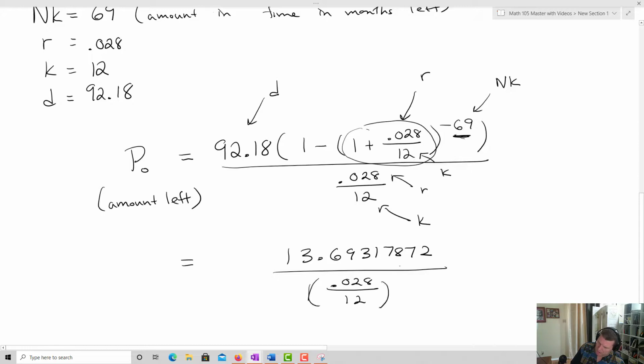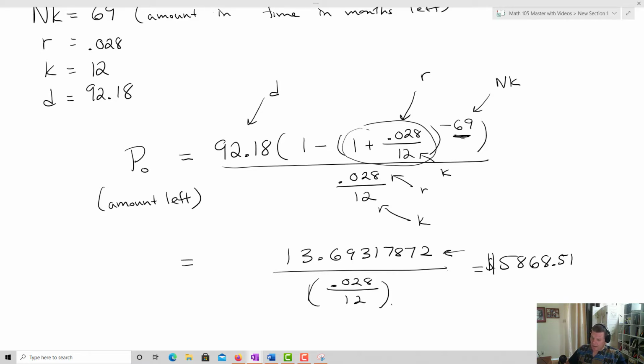So I'm going to take this number and divide by this in parentheses. And what I get is $5,868.51 when I round to the nearest cent. And that's all I need to do.